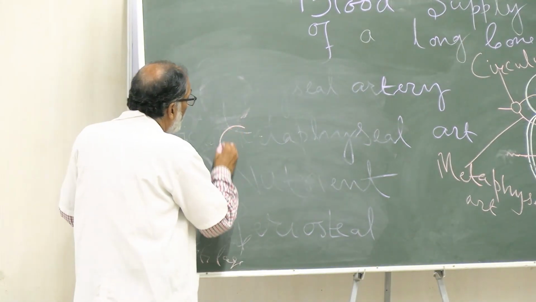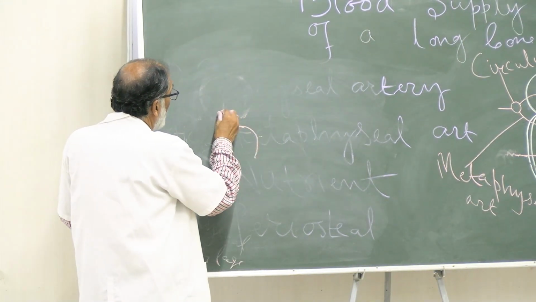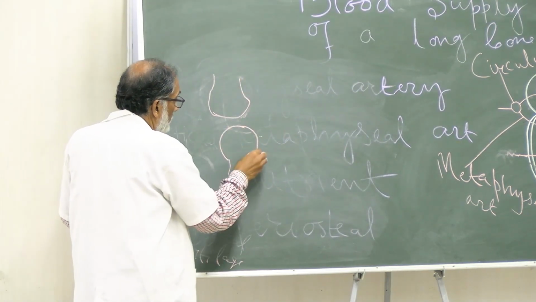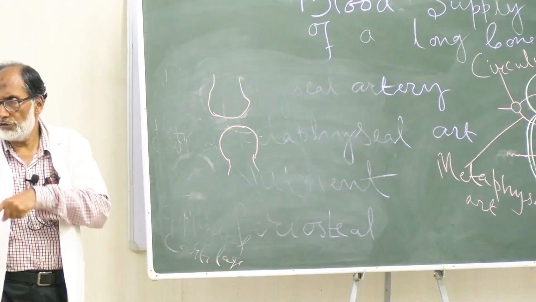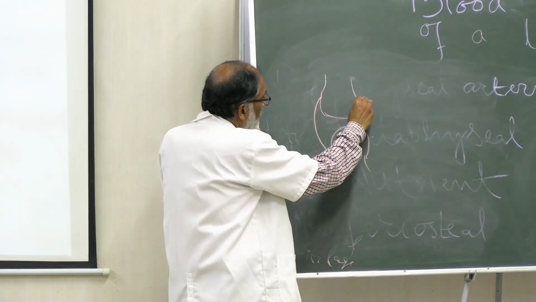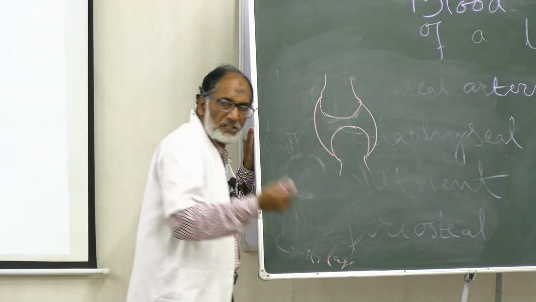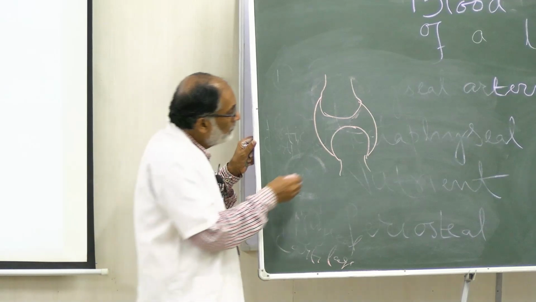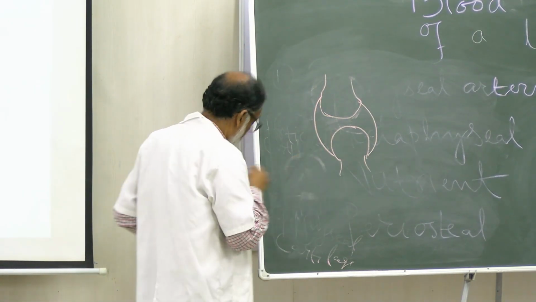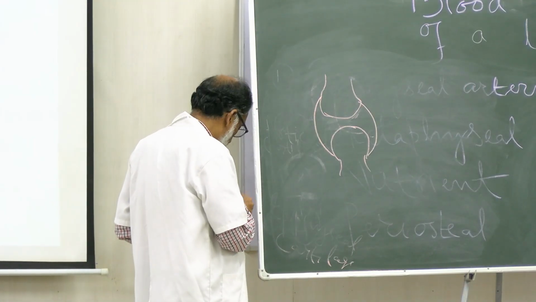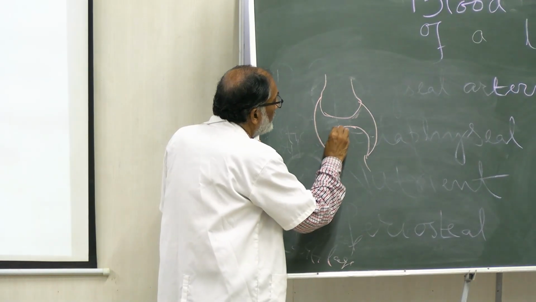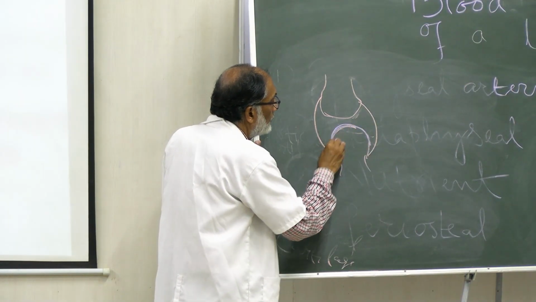Suppose this is the bone, and here another bone is here. There is articulation in any joint. You imagine any joint. Here is a capsule, a fibrous capsule, and within the fibrous capsule there is a lining that is called synovial membrane. This violet color is articular cartilage.